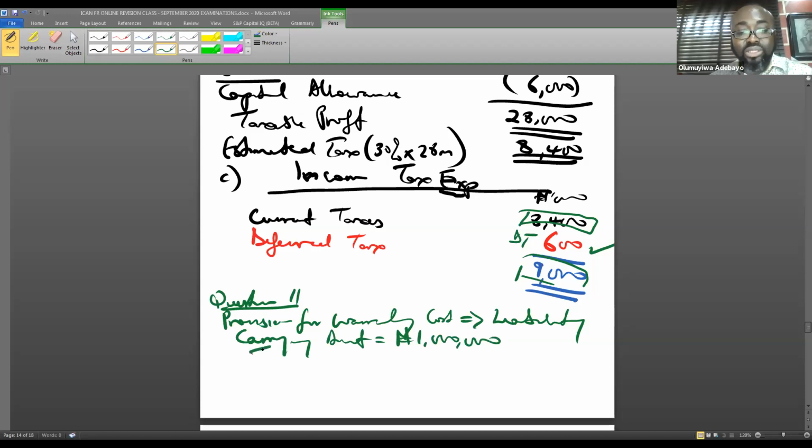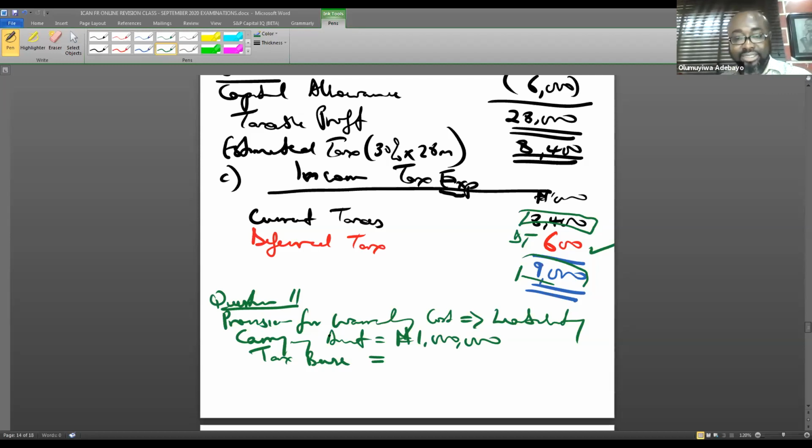Now, the next question is for us to ask for the tax base. What will be the tax base? Later on, I'll give you the material so you can study more on what the tax base is. But tax base is simply the amount of an asset or liability for tax purposes.